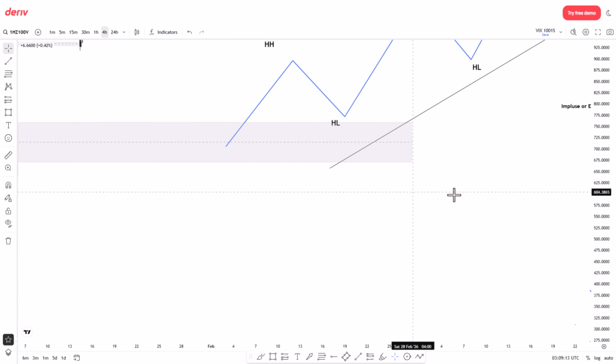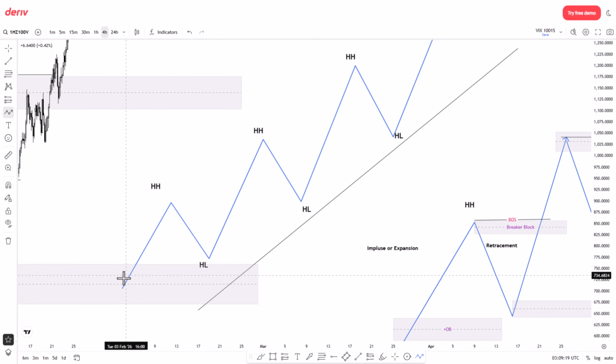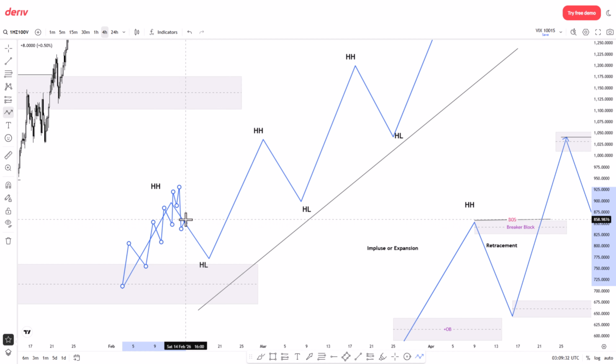Why? Because whenever you have a bullish trend here, you are expecting to see an internal structure inside the expansion, on the lower time frame, and then you will see a market structure shift on the lower time frame to facilitate the internal structure on the retracement leg on the higher time frame.